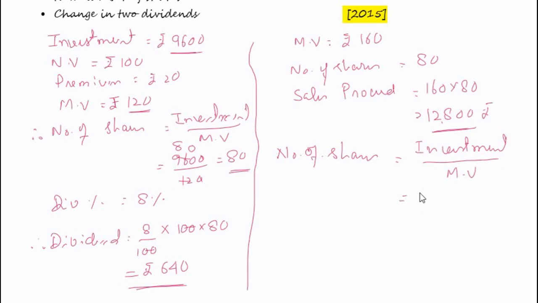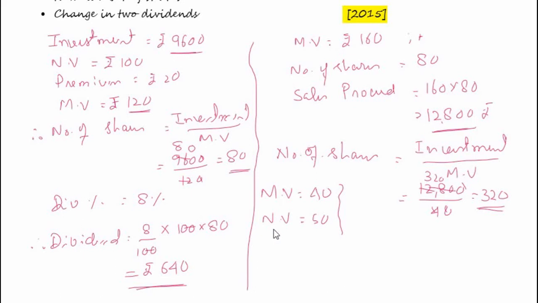So investment is 12,800 rupees. Market value of the new shares is 40. NV of the new shares is 50. Okay, so this is divided by 40. 0 goes here. So 320. So he gets 320 shares of the new company.